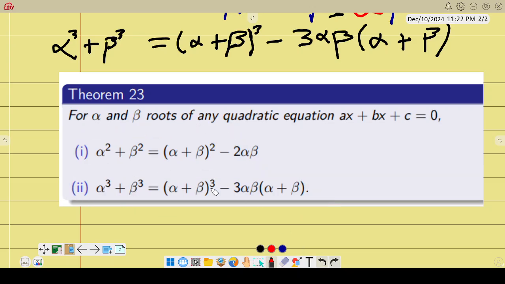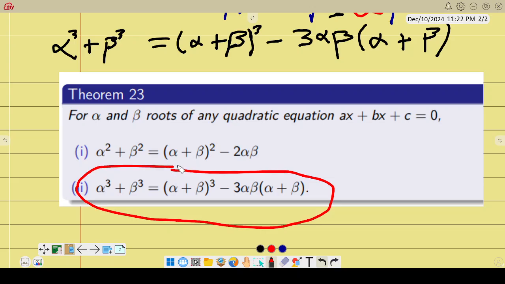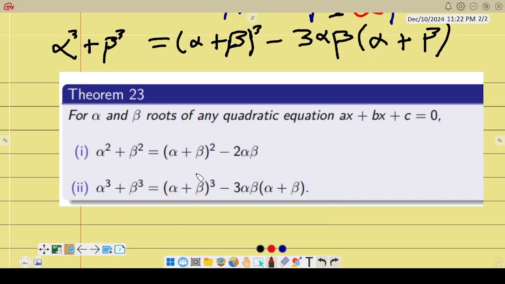But if you happen to forget this, I remember I used to forget it very much. No wonder I've taught you guys, because the lecturer just pointed, oh, there's this theorem, and he proceeded. So what you do, you simply have to expand this.